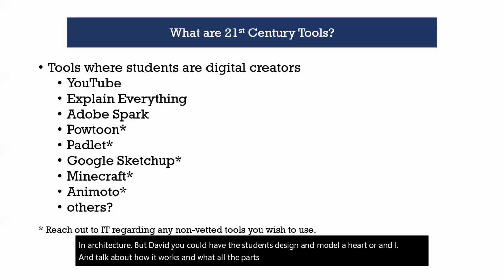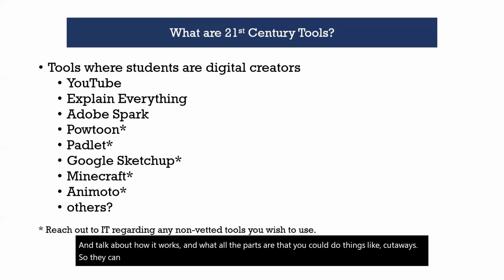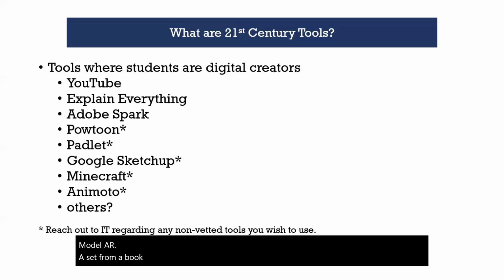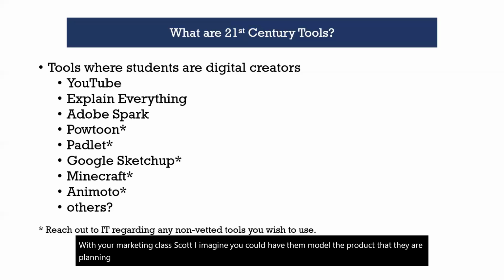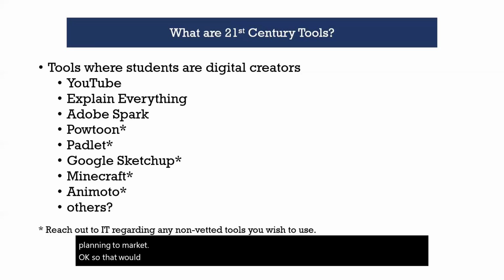You can do things like cutaways, so they can look inside and see where all the parts are. You could have students model a set from a book that they're reading, a moment in history. Different things like that can be modeled. With your marketing class, Scott, I imagine you could have them model the product that they're planning to market. Okay, so that would be a good way for you to use it in your class.